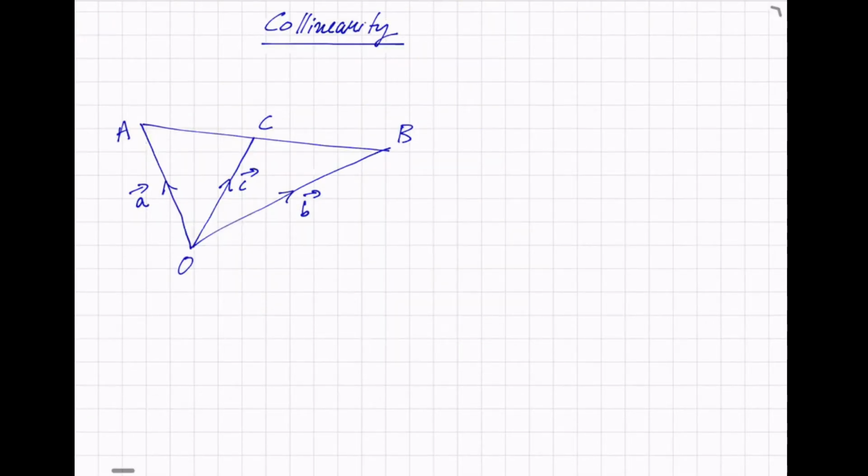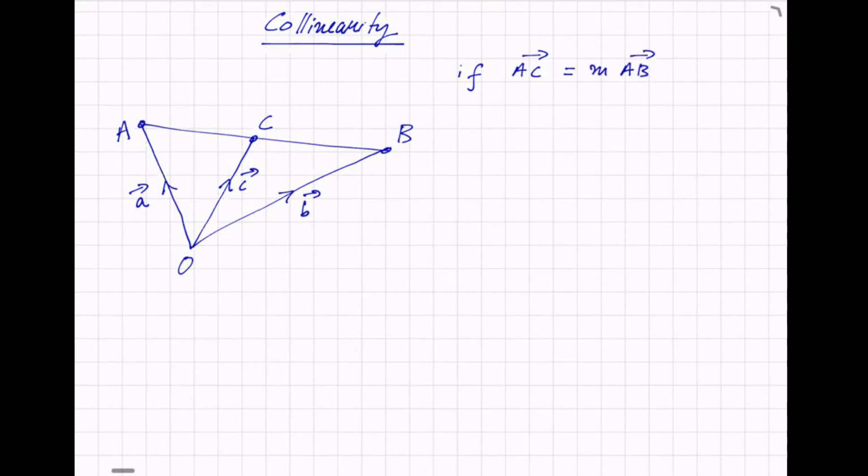Okay, in collinearity, first of all, we need to know what is collinear. Collinear means on the same line, right? So that means A, C, B are collinear points. Now, we can write this in this way: if AC vector is equal to m times AB vector, what do you mean by that?